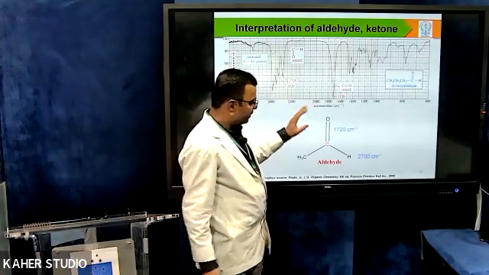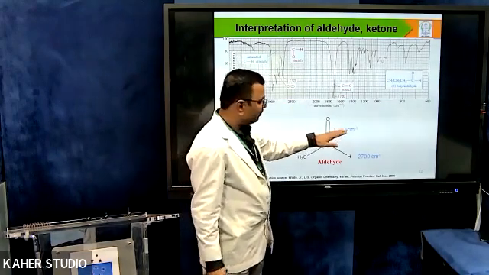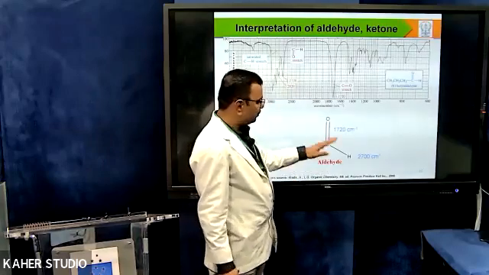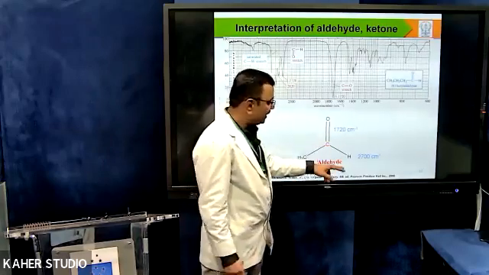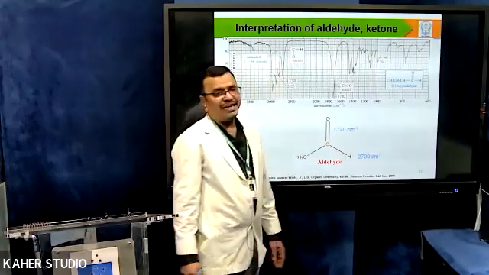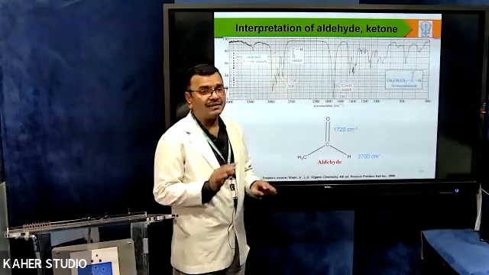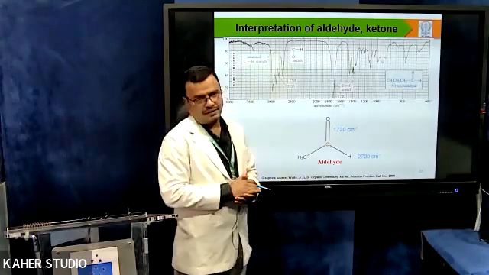I am going to get a carbonyl carbon stretch somewhere around 1720 reciprocal centimeter, and the second stretch which is assignable is the CH stretch somewhere around 2800 to 2700 reciprocal centimeter. These are the two characteristic peaks along with the other peaks.